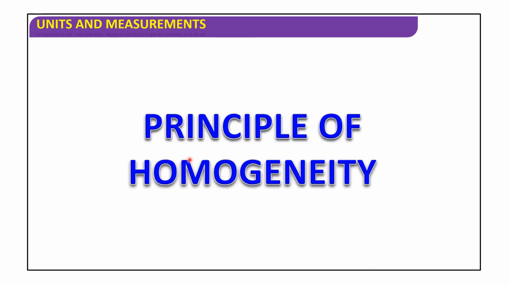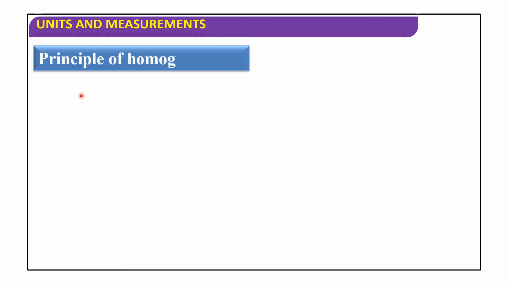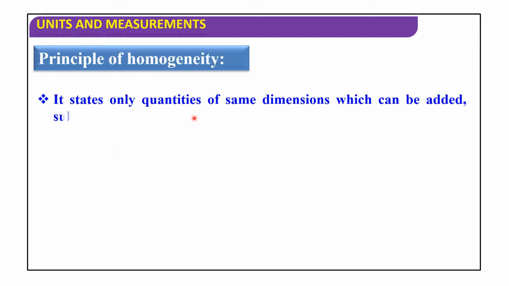Next, we will discuss the principle of homogeneity. It states that only quantities of the same dimensions can be added, subtracted and equated.